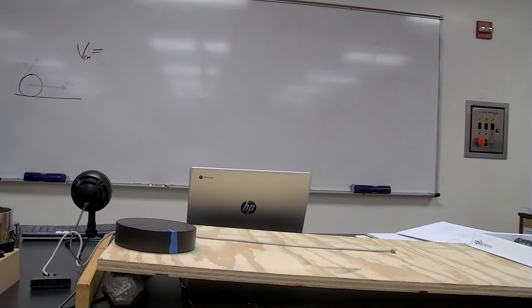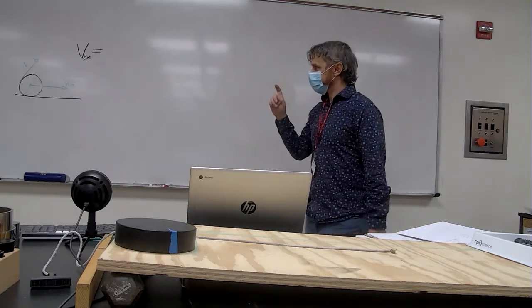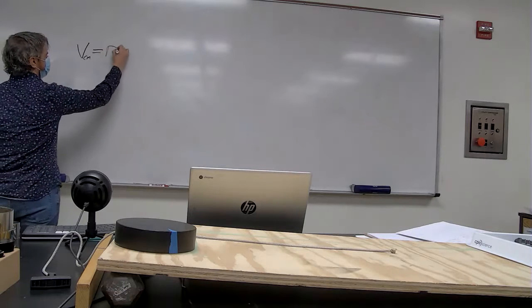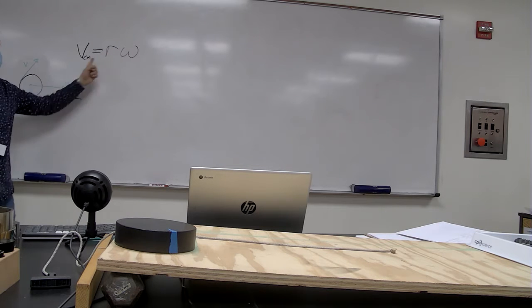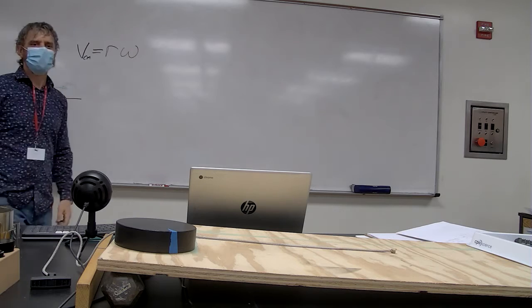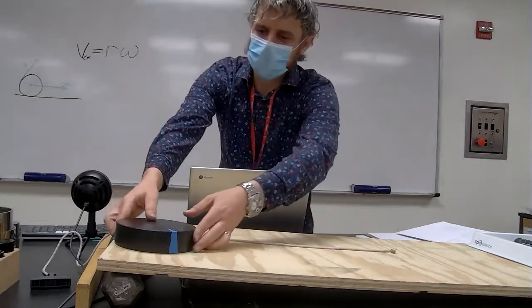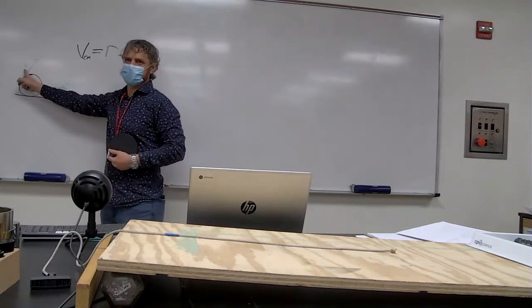And after class yesterday, I was like, is that on the board? Oh yeah, this was the condition. So the velocity of the center of mass is equal to the radius of the rolling object times the object's angular velocity, v = r omega.